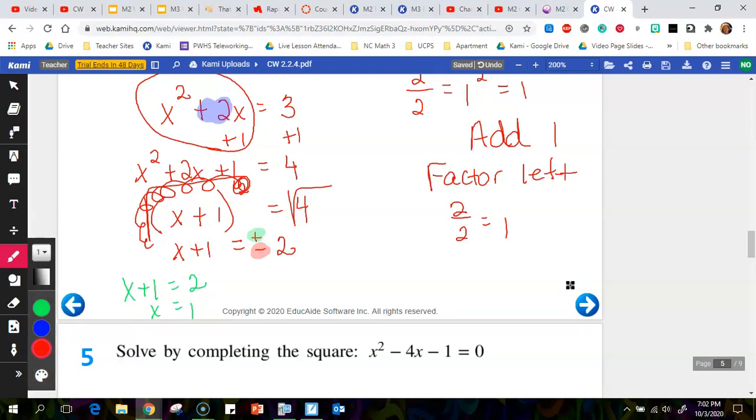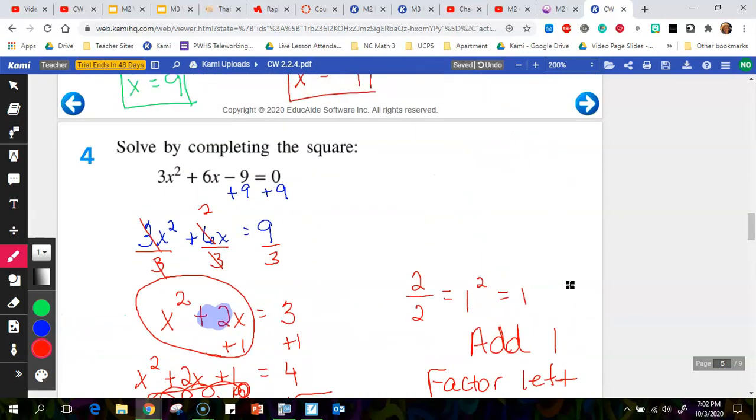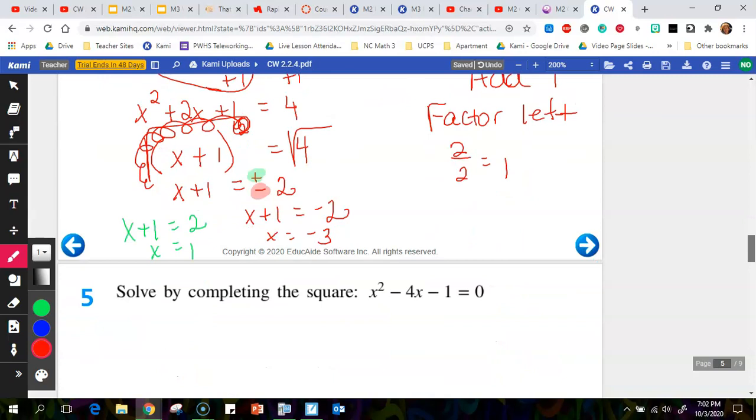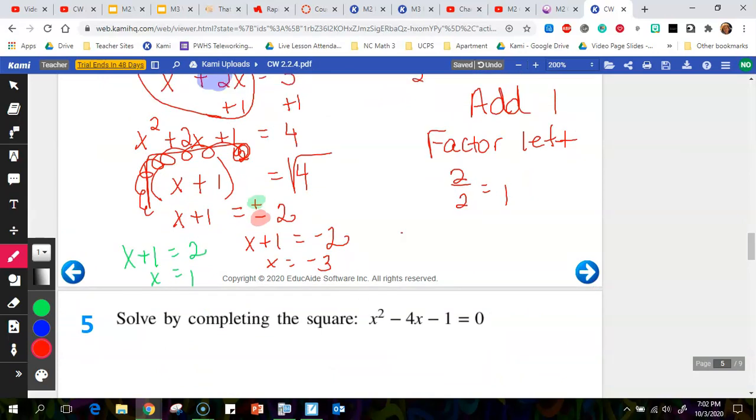Negative side, x plus 1 equals negative 2, so x equals negative 3. If I graphed this original equation on Desmos, I would get a parabola with zeros or x-intercepts at 1 and negative 3.